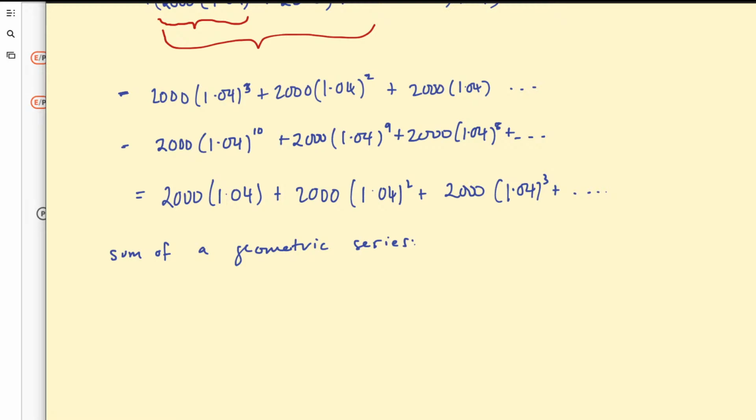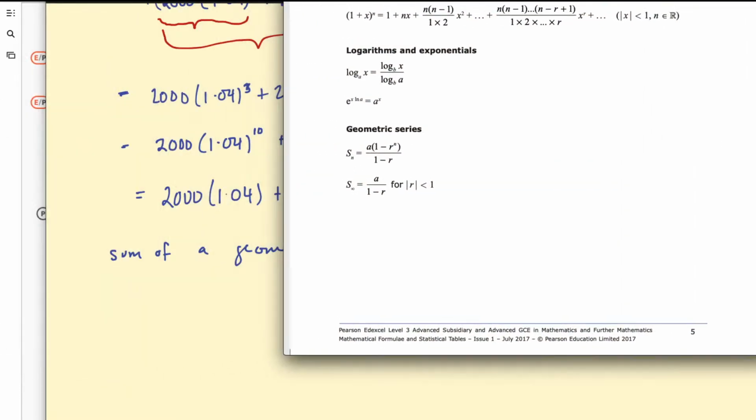And that is in the formula booklet. That formula, which I'm going to pull up because I don't remember what it is. Here it is.